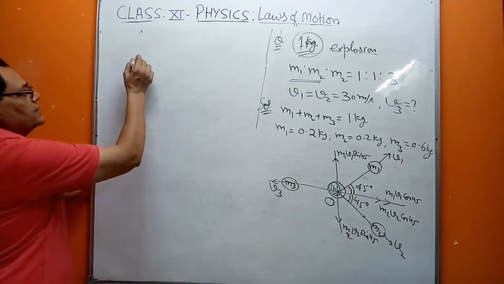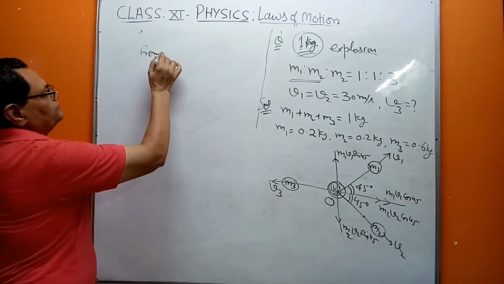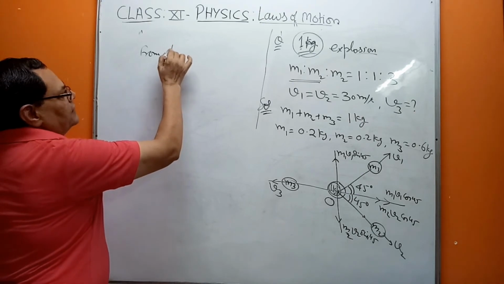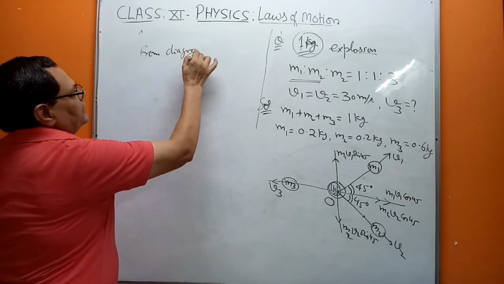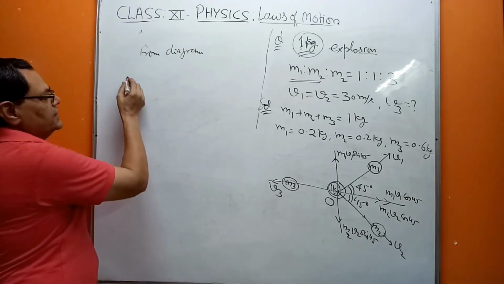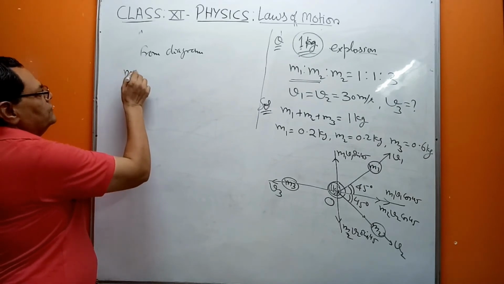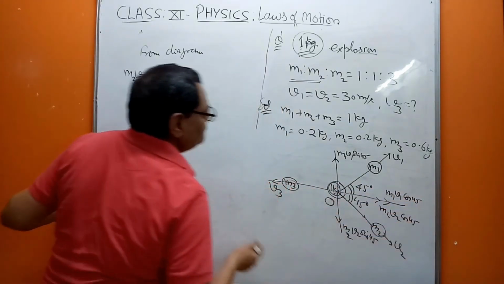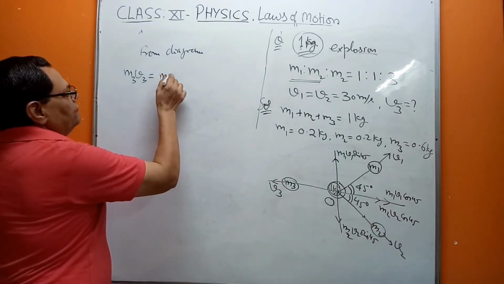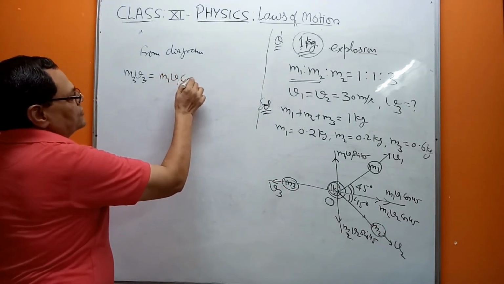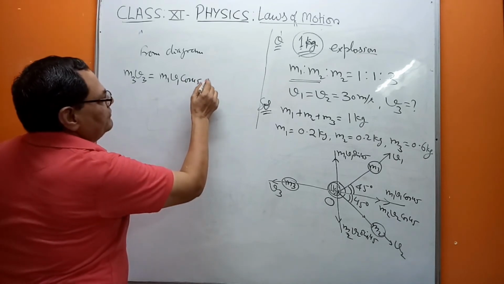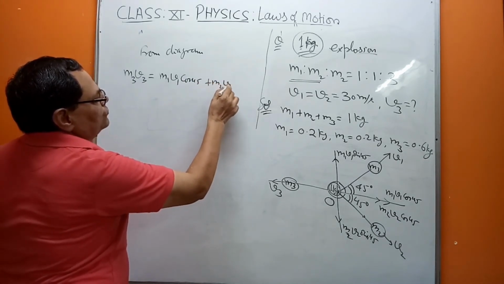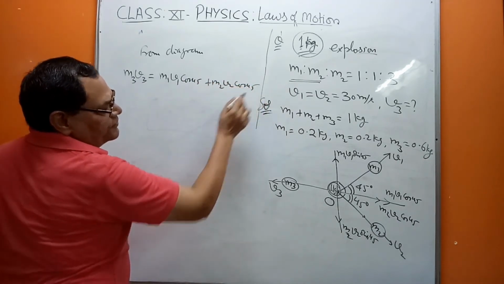Therefore, from the diagram, you will see that m3 v3 should be equal to the total momentum, which is m1 v1 cos 45 plus m2 v2 cos 45.